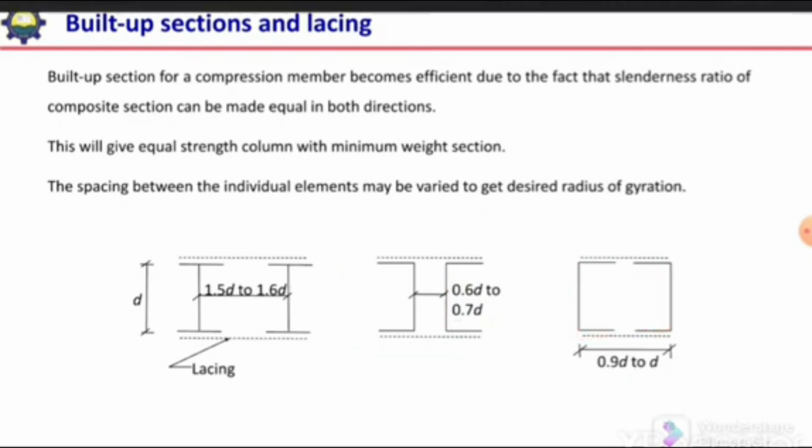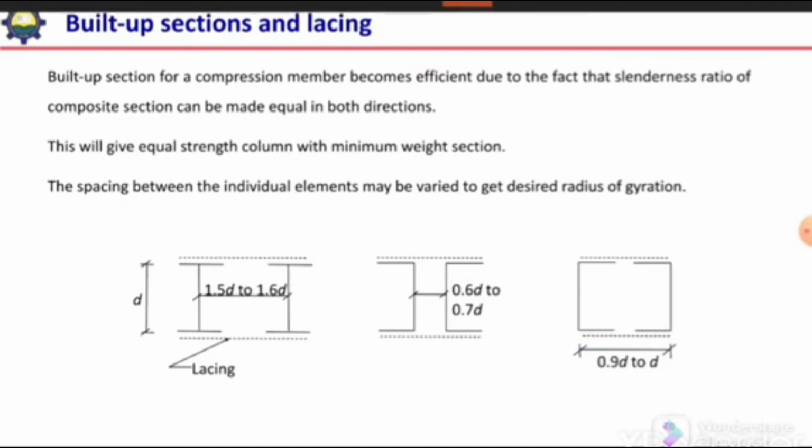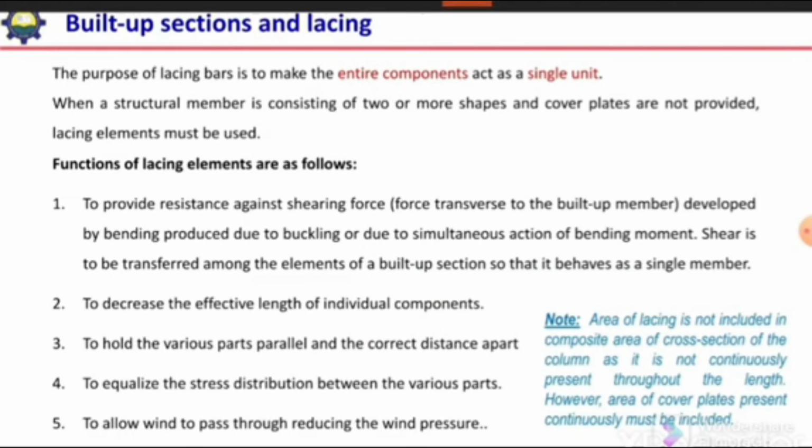While making a built-up section, we use lacing elements, tie plates or battens to connect the members of the built-up section. The purpose of lacing bars is to make the entire component act as a single unit. So to connect these channel sections so that they can act as a single unit, we use lacings.